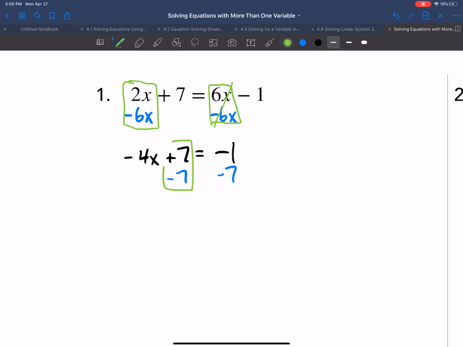So positive 7 minus 7 becomes 0. It's gone. Negative 1 plus negative 7 is negative 8. On the left side, I still have the negative 4x. And now I need to get rid of the negative 4. So the opposite of multiplying by negative 4 is dividing by negative 4.